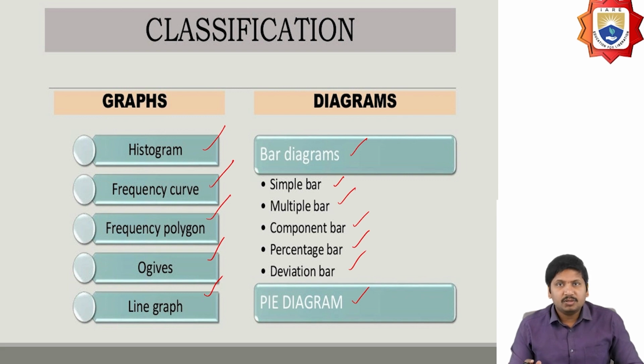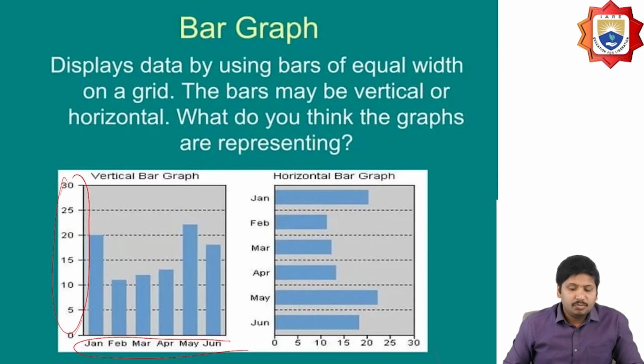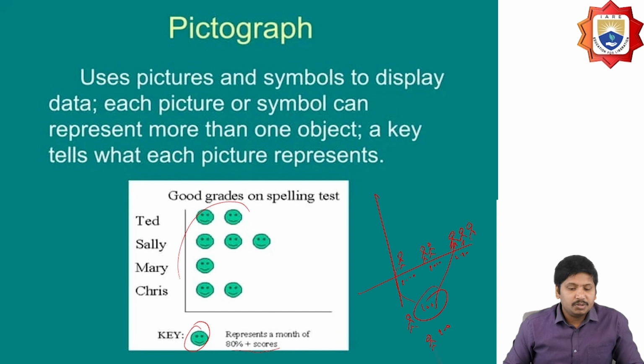Again, the bar has different types: simple, component and multiple bars. A pictogram uses symbols to represent and display the data.